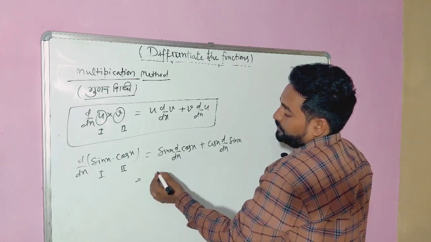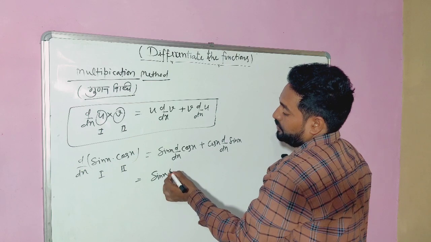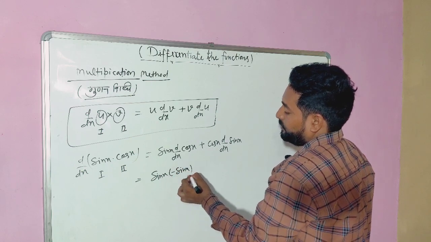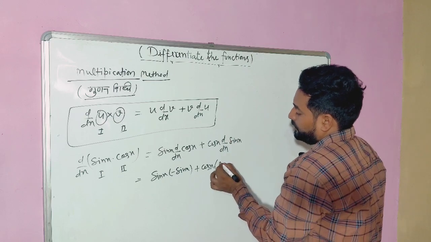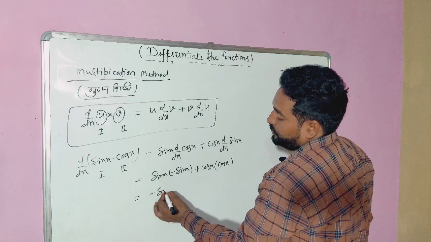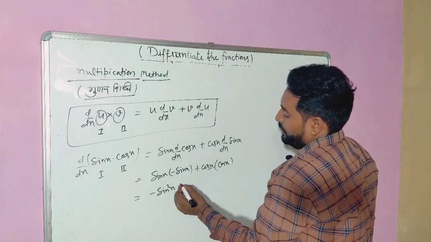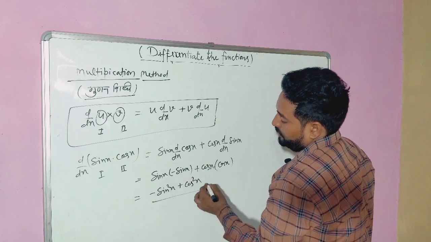We solve it. sin x d upon dx cos x is equal to minus sin x, plus cos x d upon dx sin x is equal to cos x. sin x into minus sin x is minus sin square x, plus cos x into cos x is cos square x. That is the answer.